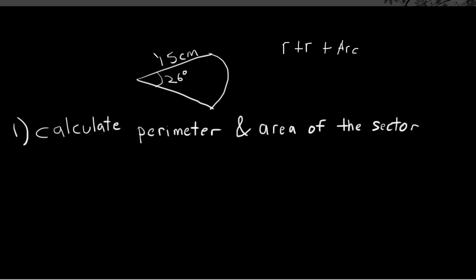This is your first radius, the second radius is obviously still the same value, and this is your arc: radius, radius, and your arc.